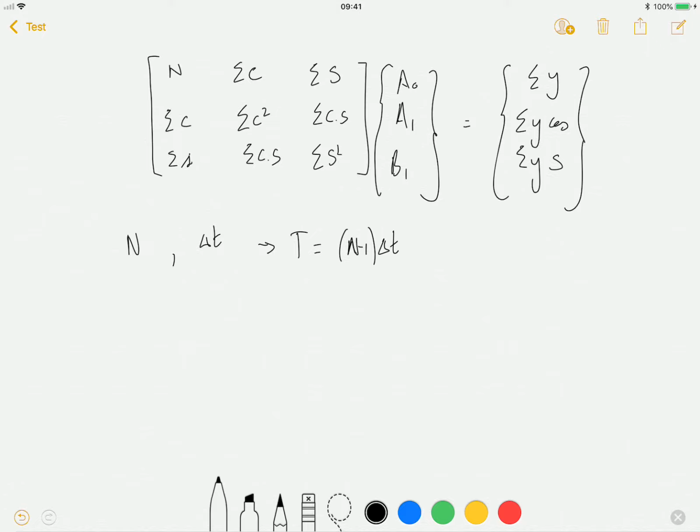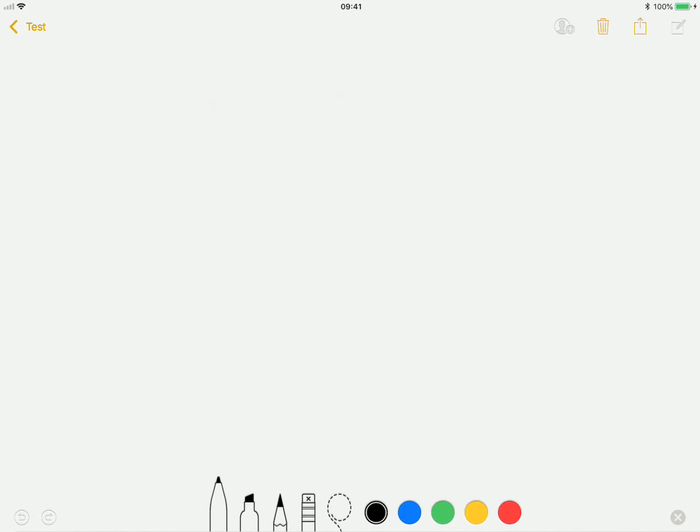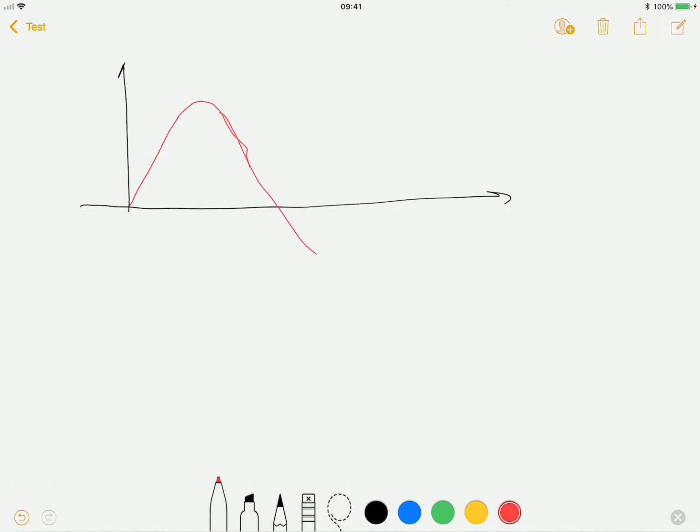Okay, so let's just clear this board and look at a graph before we carry on. We know that our function is going to be some sinusoid. I'm just going to draw it in red for one period.